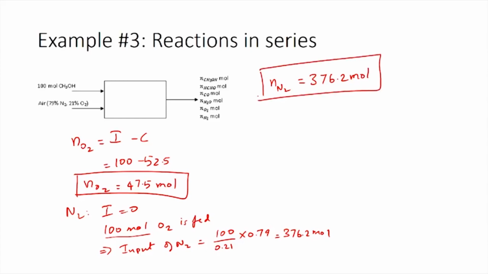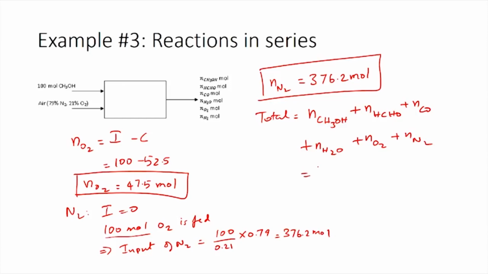Now that we have the number of moles for each of the components in the system, we have to now calculate the mole fractions for this. Total number of moles in your product gas would be total equals N CH3OH plus N HCHO plus N CO plus N H2O plus N O2 plus N N2.